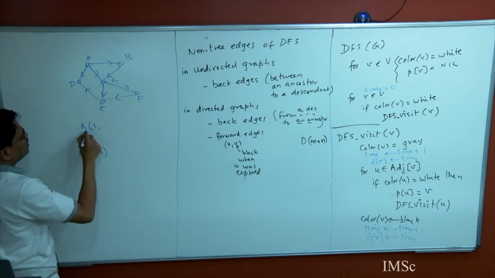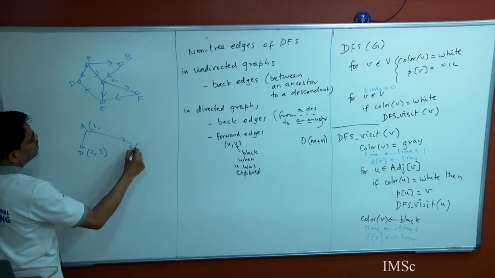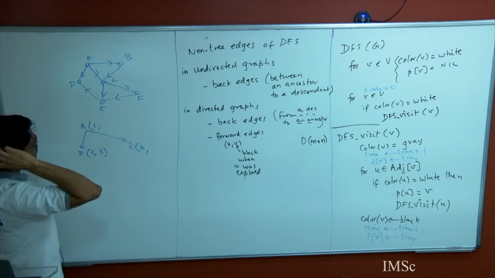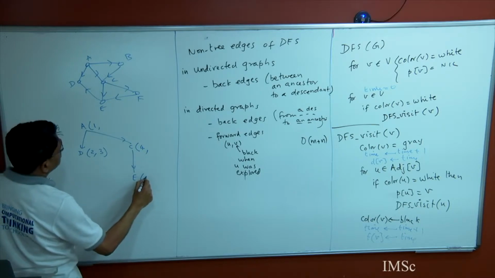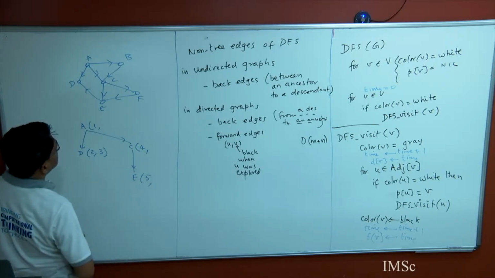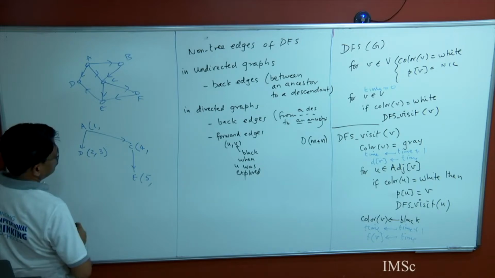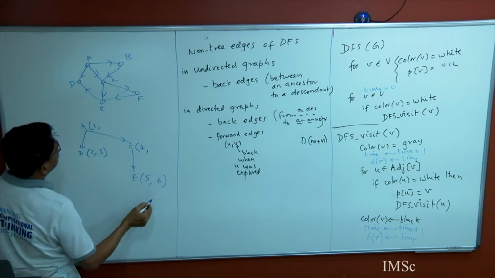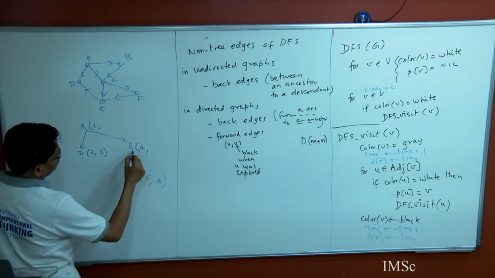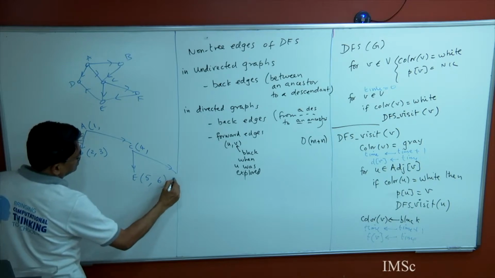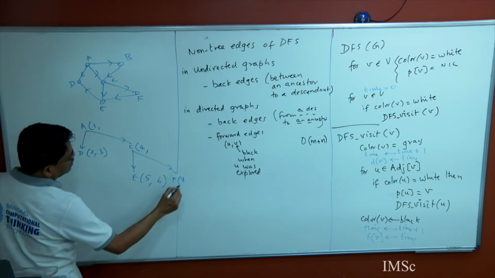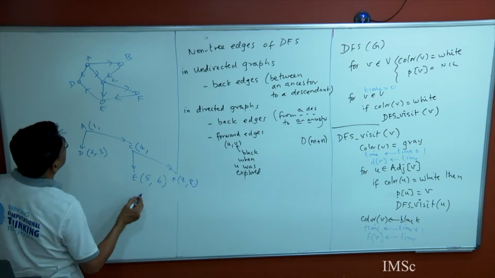Then we backtrack, and we look at C at timestamp 4. C can go to E at timestamp 5. E has no more, so I will finish E at 6. And C has another edge to F at timestamp 7, and we finish that at 8.